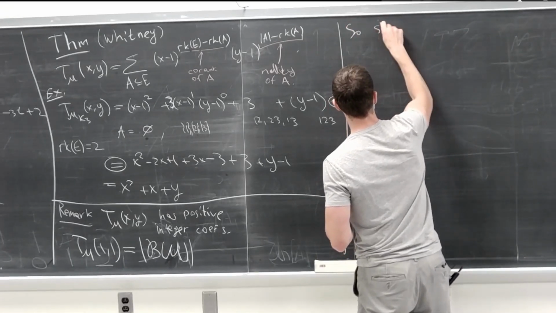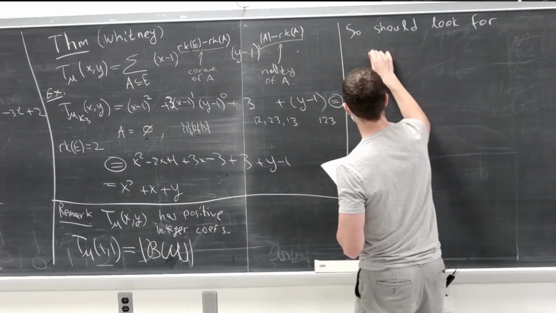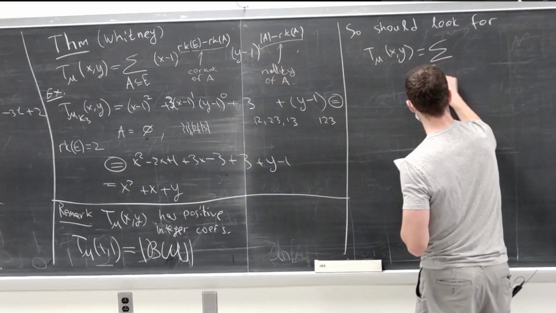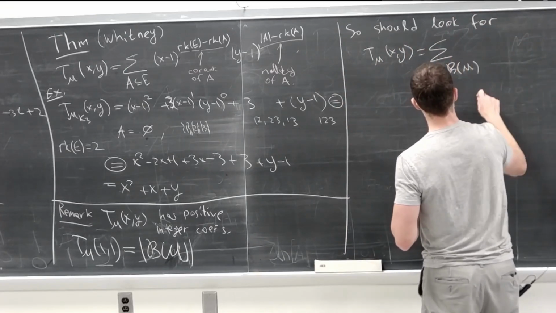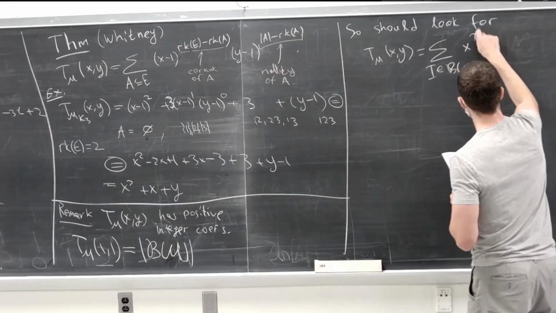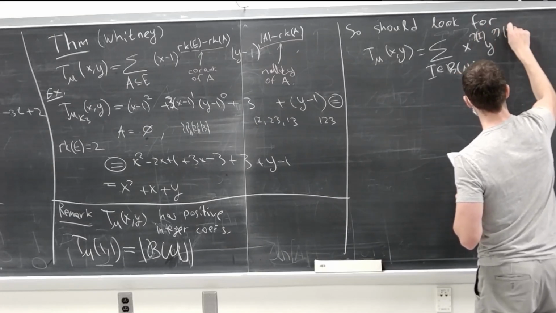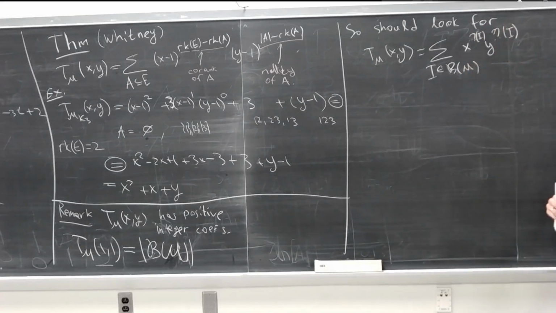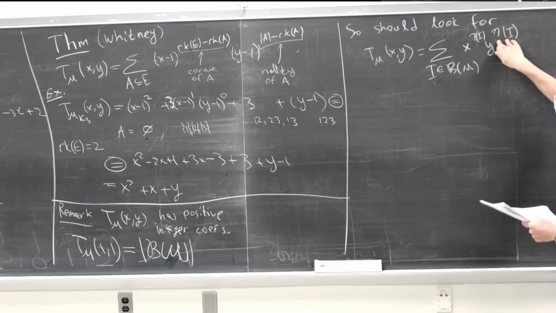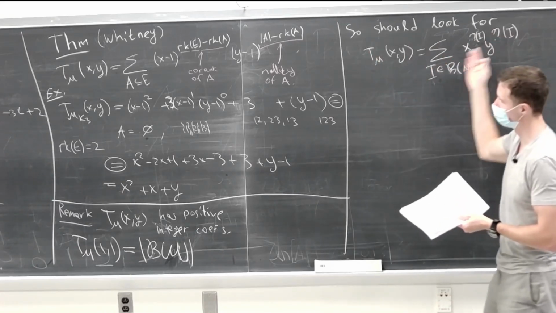So we should look for a formula of the following form. The polynomial of x comma y is equal to the sum over all bases I of x to some power, f(I), and y to some other function of I. In other words, for every basis element, you tell me the power of x and the power of y, so that the total polynomial is just the sum of these monomials.